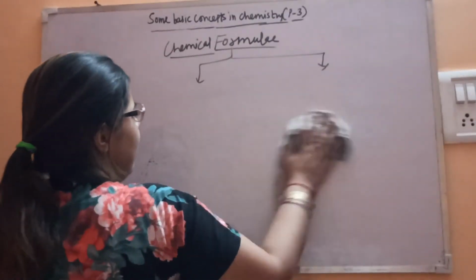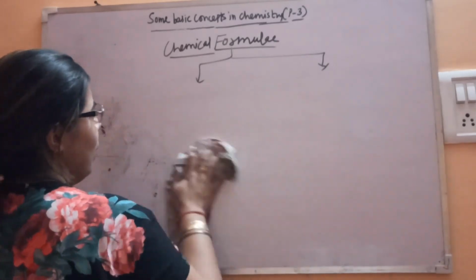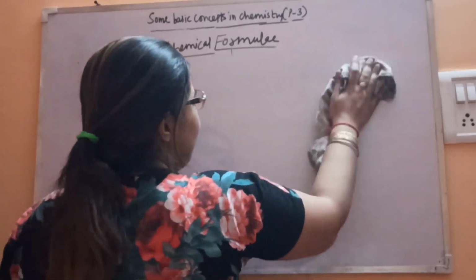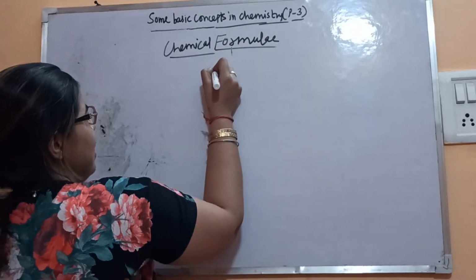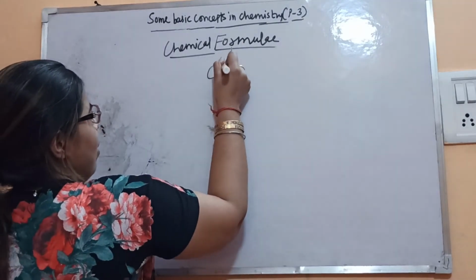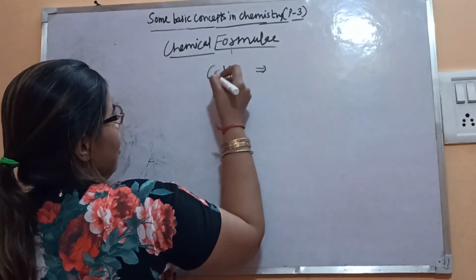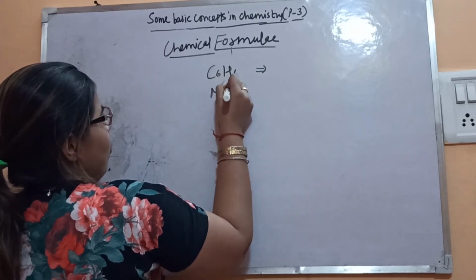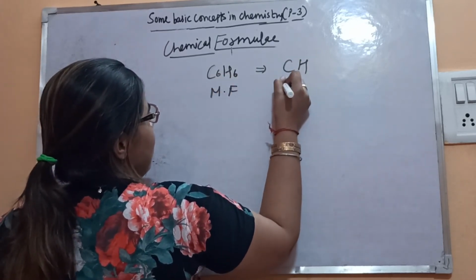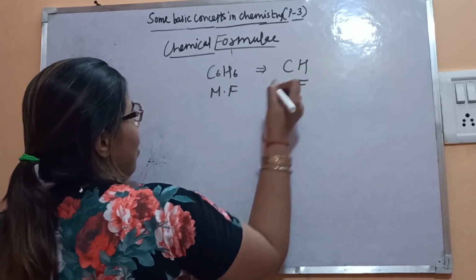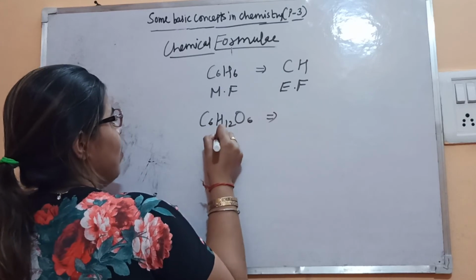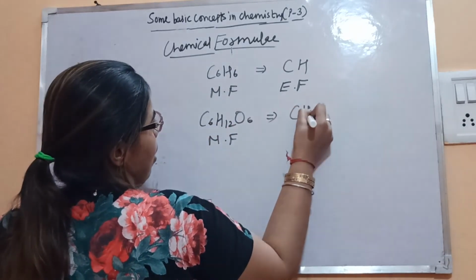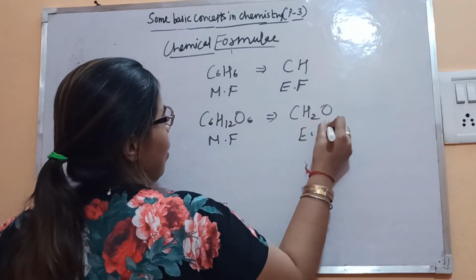Now, from the examples, can you conclude how they are connected? They are connected with the one integer that we have taken common. For example, let's consider the benzene one. This is the molecular formula and this is the empirical formula. For glucose, this is the molecular formula, this is the empirical formula.